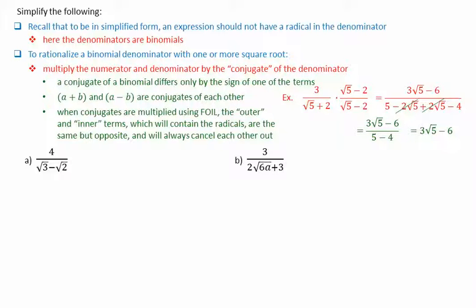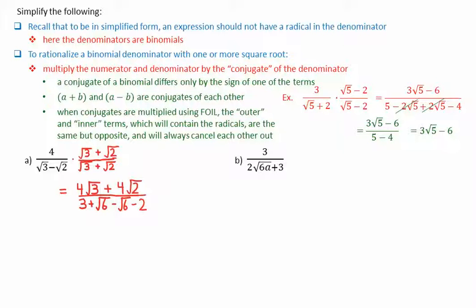For question A, our denominator is root 3 minus root 2. The conjugate then is root 3 plus root 2. We multiply top and bottom by this conjugate. This gives a result on the numerator of 4 root 3 plus 4 root 2, and on the denominator 3 plus root 6 and minus root 6, and then minus 2.